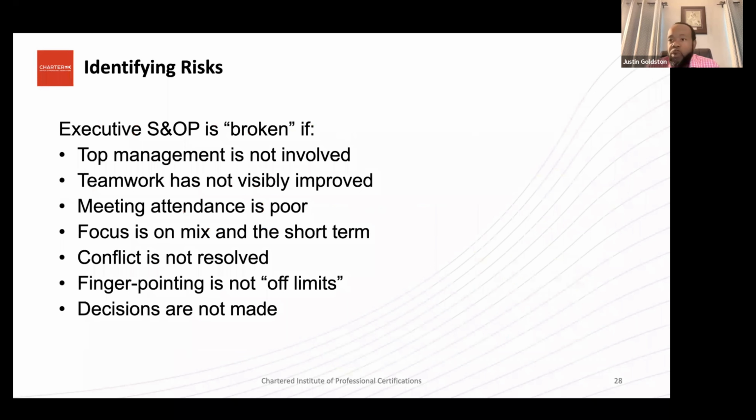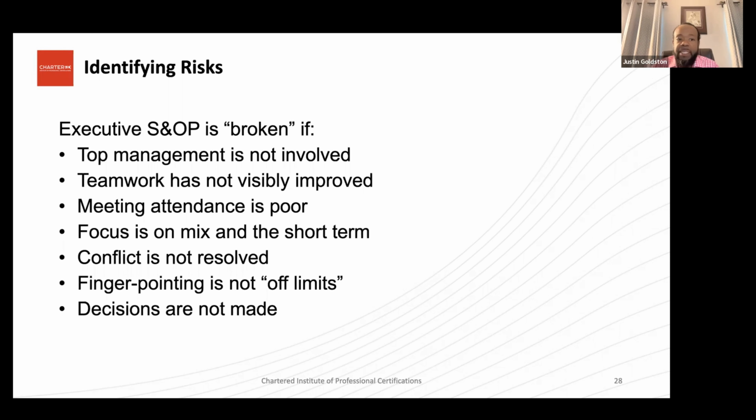So as we're wrapping up, the executive S&OP process is going to be broken if the top management is not involved. We talked about that a lot within this session. And if the teamwork is lacking, if we do not include all decision makers, if we do not include all employees, we do not get adoption within this S&OP process. Okay.